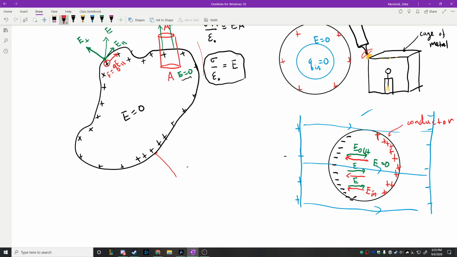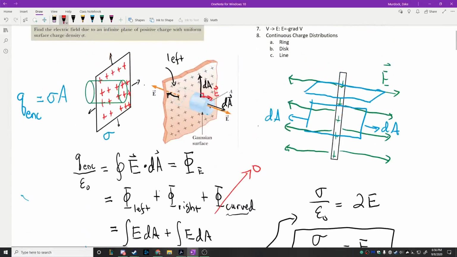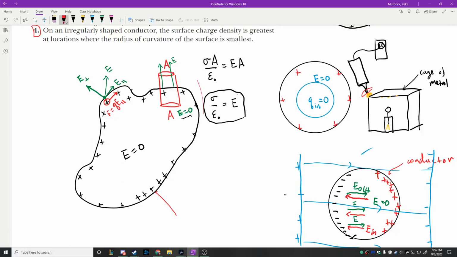If you zoom in far enough, you can see it so that it looks like an infinite sheet, so it looks exactly like what we did in this problem. That's kind of what I was thinking. But it is important to consider that it's not possible to have this component right here. You have to only have the perpendicular component. Okay?